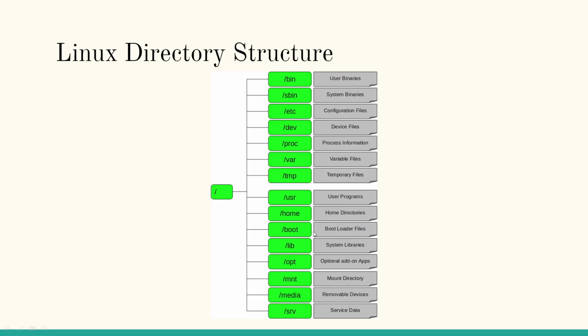Then the boot for the bootloader files, the lib for system libraries, opt for optional add-on apps, mnt for the mount directory, media for removable devices like USB, CD, etc. Back then, floppy, if you are aware of this, it was an old storage media. And srv for the service data. Okay, now let's start one by one.